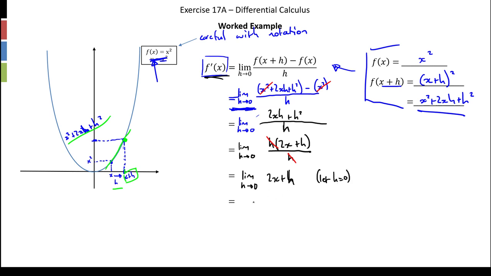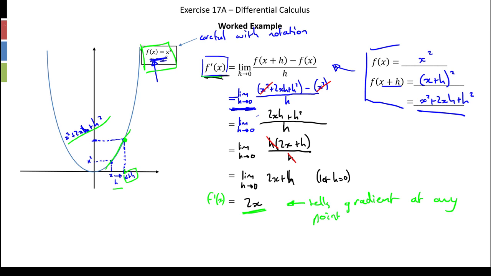That's how I can solve this limit, and I'm left with 2x. What is this? It is f dash of x. It is the derivative. It tells us the gradient at any point on this original function.